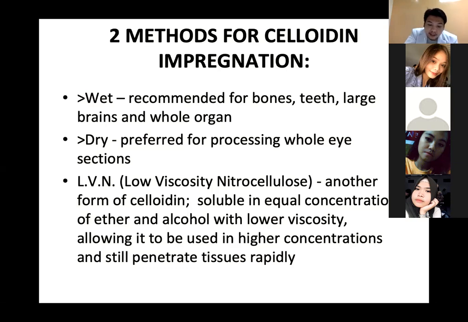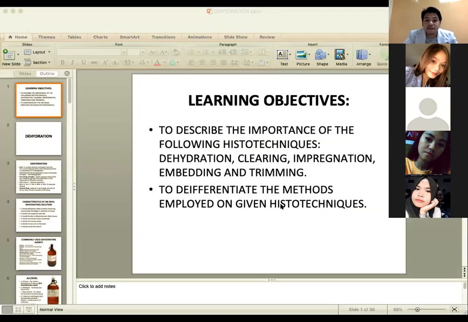After 5 to 7 days, it is transferred to a medium celloidin, equivalent to 4 to 6%, for another 5 to 7 days. After that, drained off and poured with thick celloidin. Thick celloidin is 8 to 12% until the specimen has become impregnated, usually between 3 to 5 days.